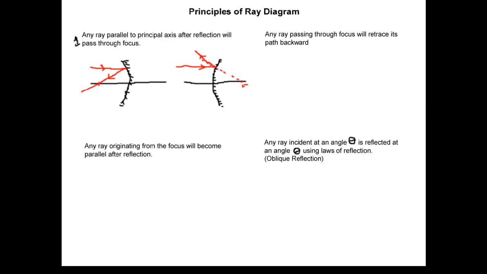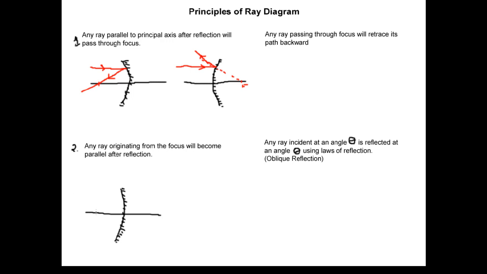Any ray originating from the focus will become parallel after reflection. Let's see what this means. If this is the principal axis, and this is the concave mirror, this is any ray which is originating from the focus. After reflection, it will become parallel to the principal axis. As simple as that.